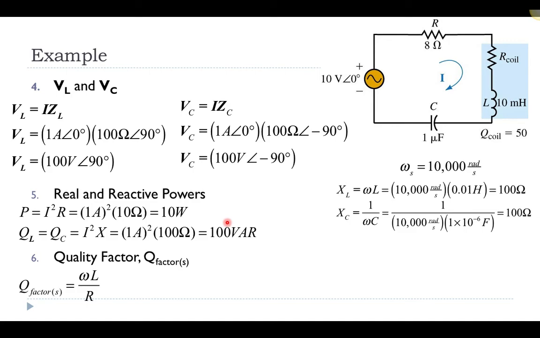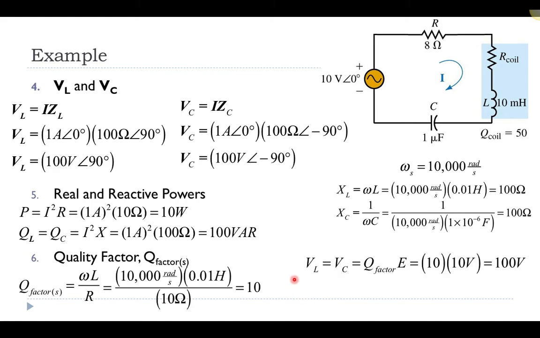So we could also calculate the quality factor and see if everything makes sense according to the quality factor that we've defined earlier. The quality factor is just the angular frequency times the inductance over the resistance. So 10,000 rads per second times the inductance over the total resistance, and I get a quality factor of 10. Remember, the quality factor was important because it told us how the voltages compare with one another.